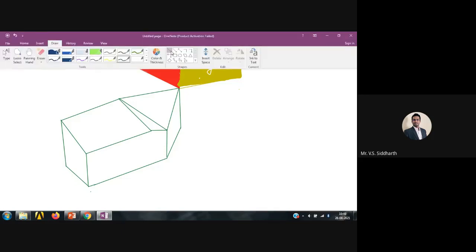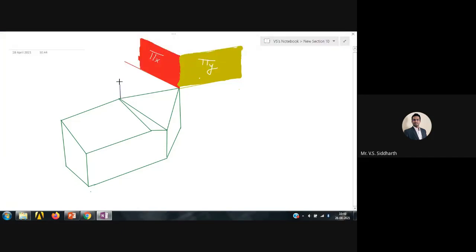Now, if I have a plane like this, which is along the side cutting edge. These two planes were part of the machine reference system.